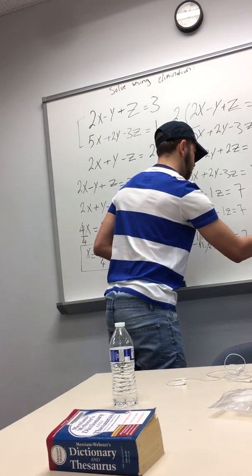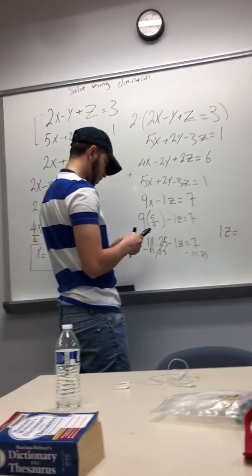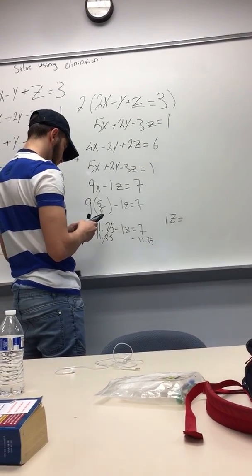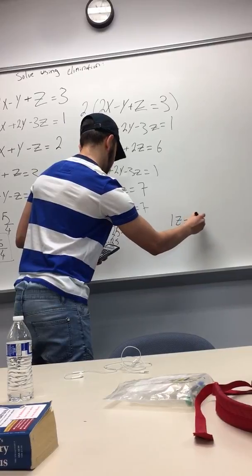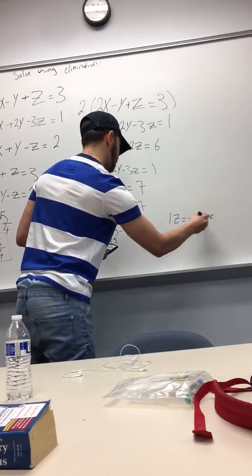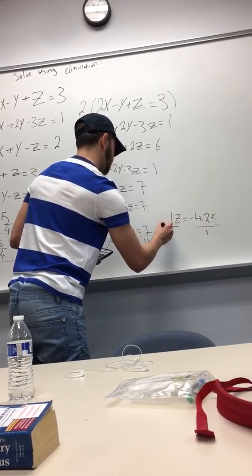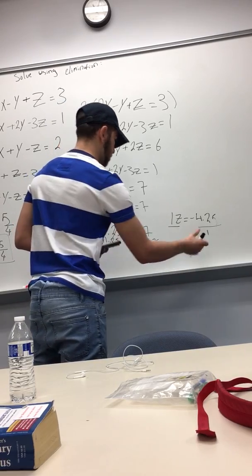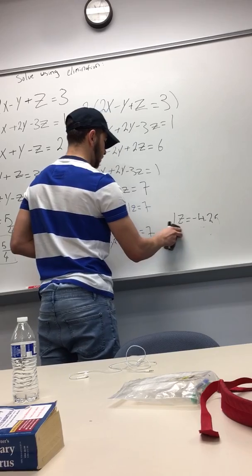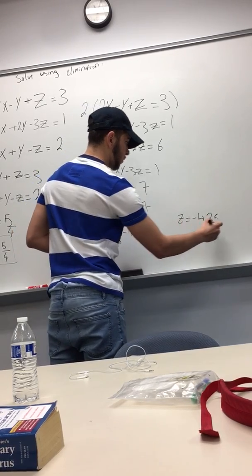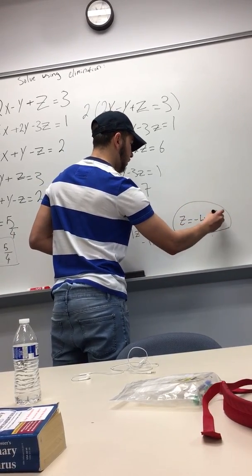So 1z equals 7 minus 11.25. So it's gonna be 4.25 divided by 1. I mean, that's the answer, so you don't really have to divide by 1 because you'll get negative 4.25. So z is negative 4.25.